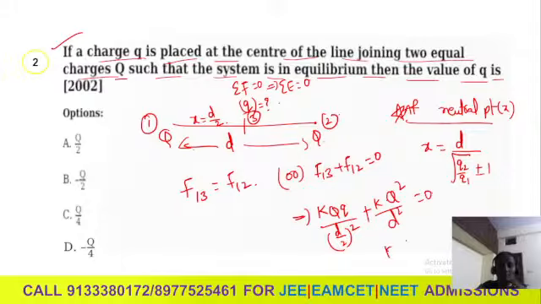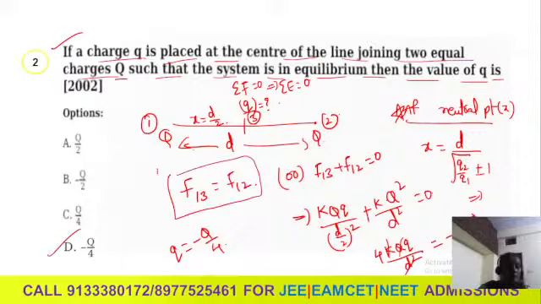So we get KQ square, 4 will come here by D square equal to minus KQq by D square. D square cancels, K cancels, Q cancels. So small q, the magnitude of that third charge to keep the system in equilibrium, it should be minus Q by 4. Yes, option D is correct. By applying this condition also, you can find the same answer.